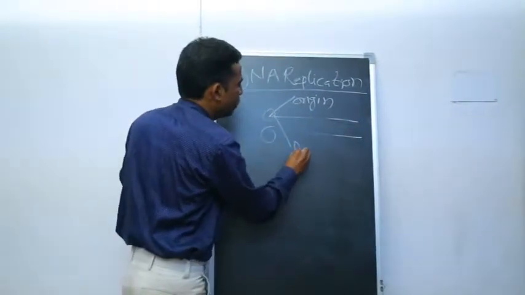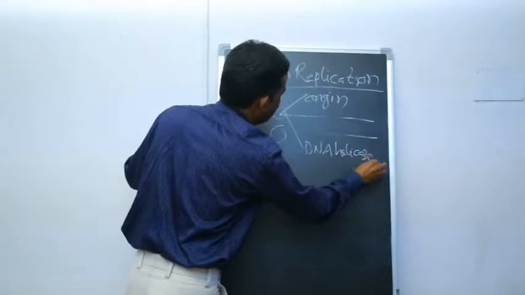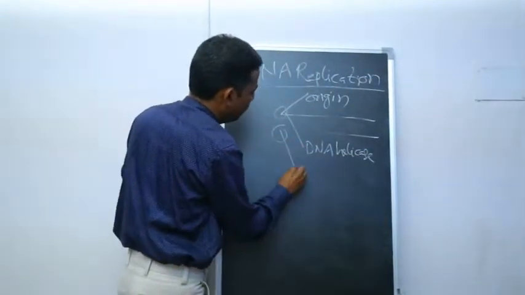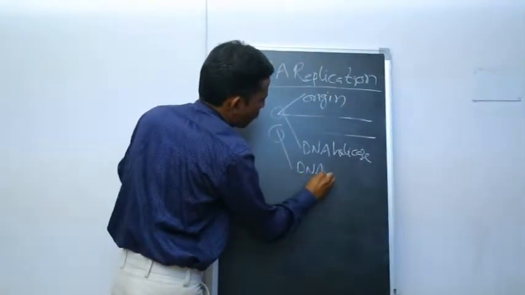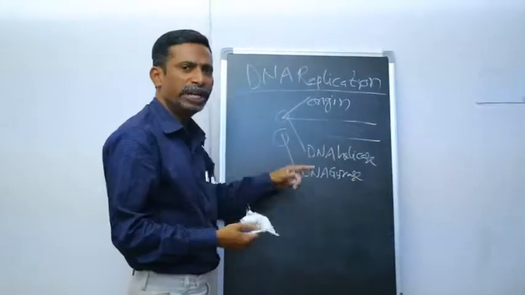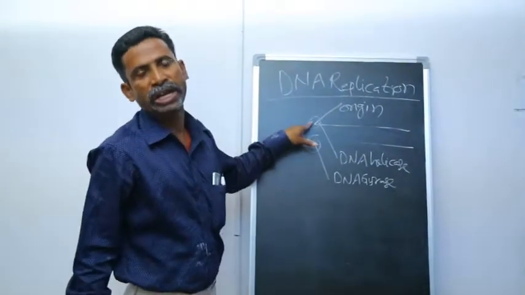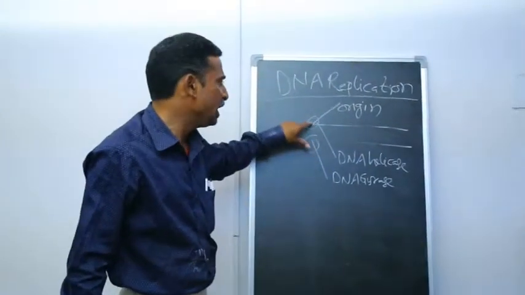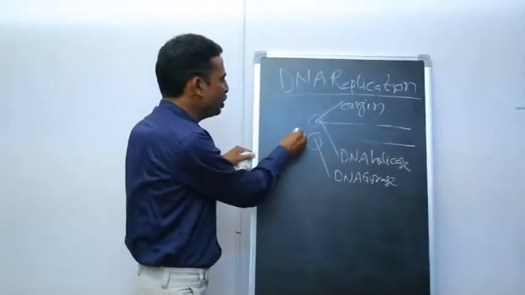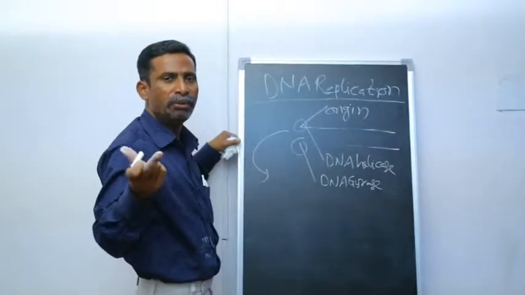DNA helicase and DNA gyrase. These two enzymes melt the DNA at the origin. This melting produces two Y-shaped forks of DNA.